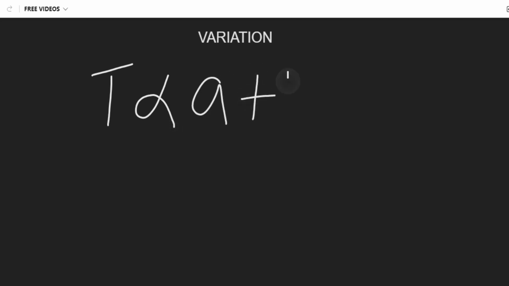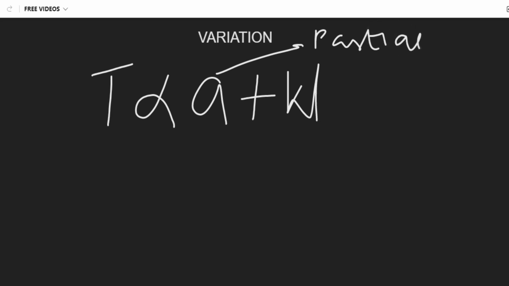Now, for instance, we can say T is directly or inversely or jointly variable with A plus W.